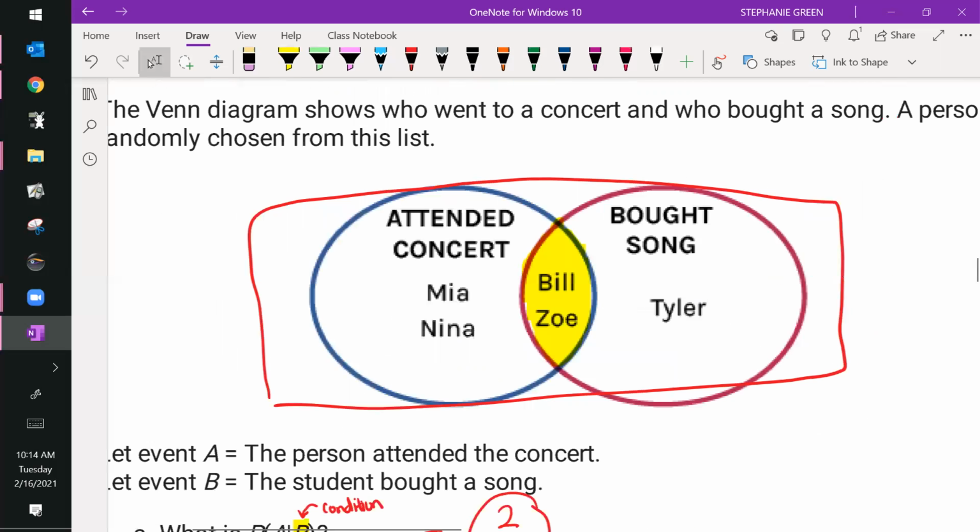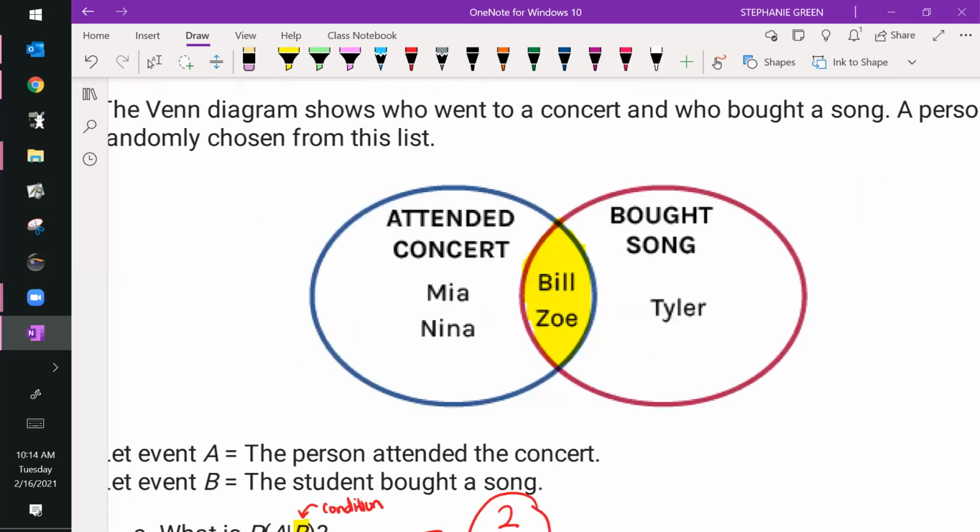To do that first conditional probability, we looked at the intersect, Bill and Zoe, which was 2 out of the condition being satisfied. All 3 of these, 1, 2, 3, 2 out of 3.